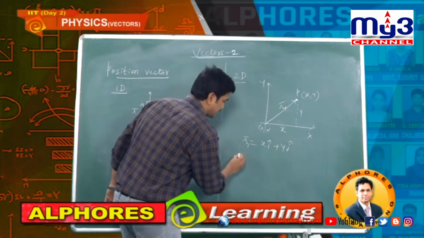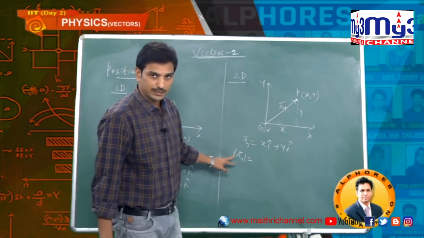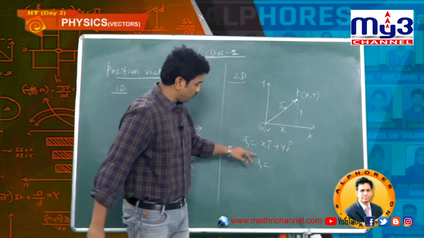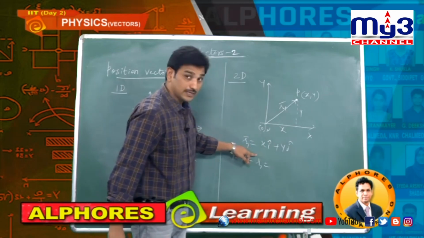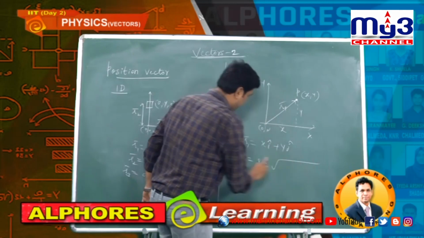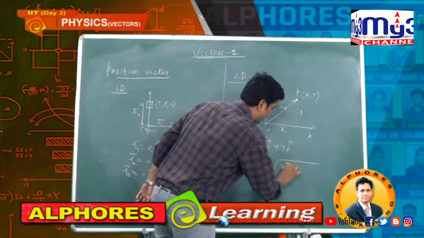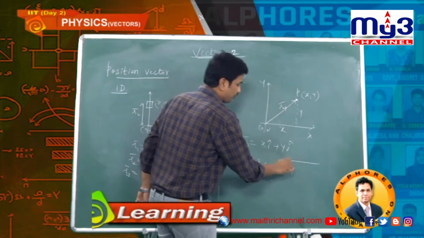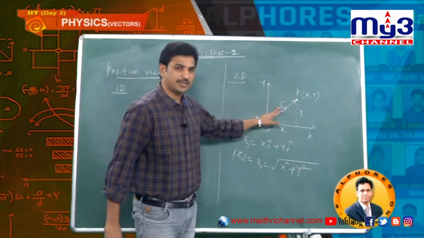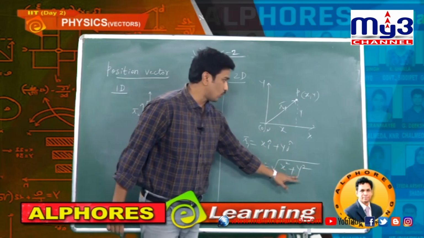Now you know that yesterday we discussed the magnitude of the position vector is a scalar, that is r1. If you are not writing the bar, that is a scalar. If you write the bar, that is a vector. How to write the magnitude? Yesterday I told you: i cap coefficient whole square plus j cap coefficient whole square. So the magnitude of the given vector r1 bar is root of x square plus y square.